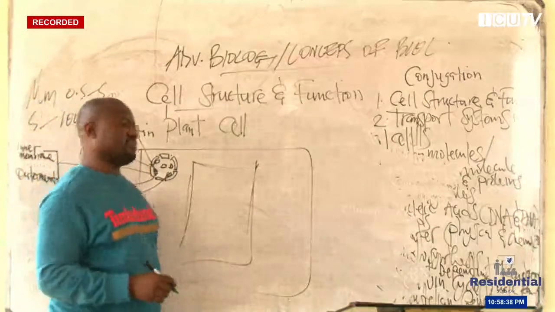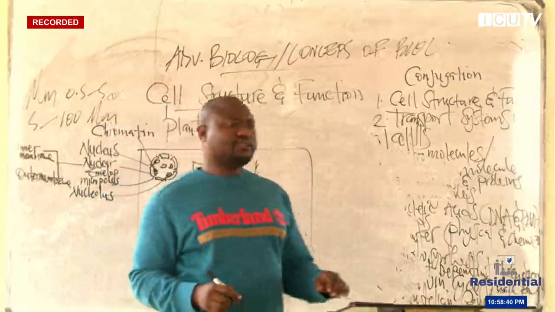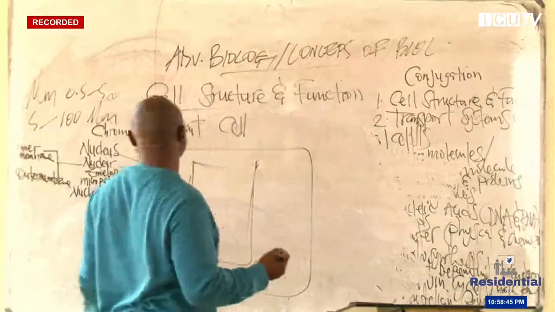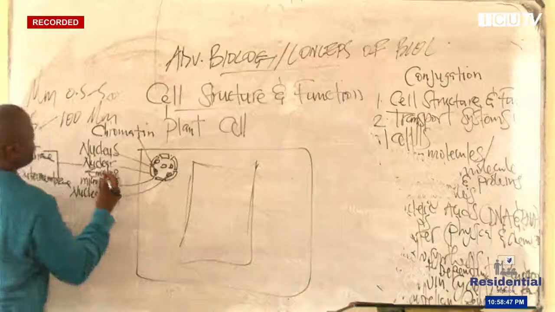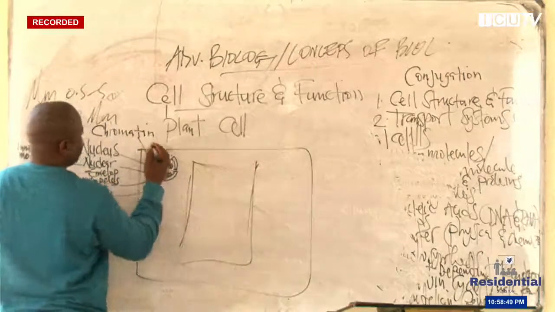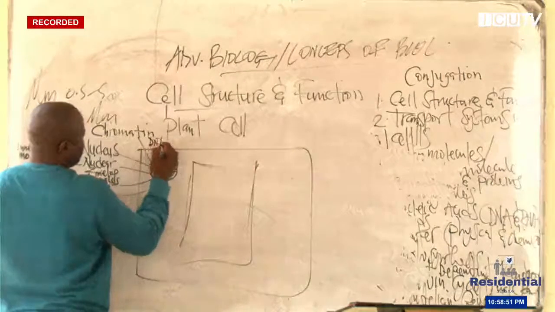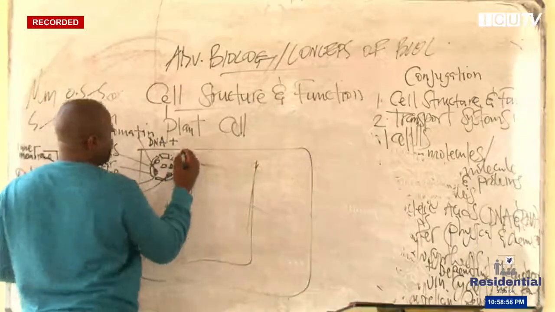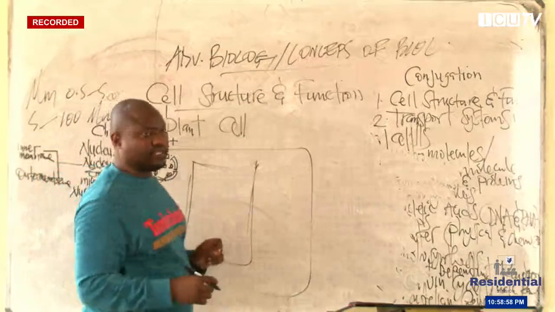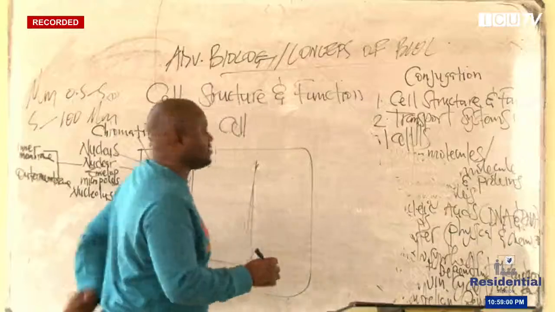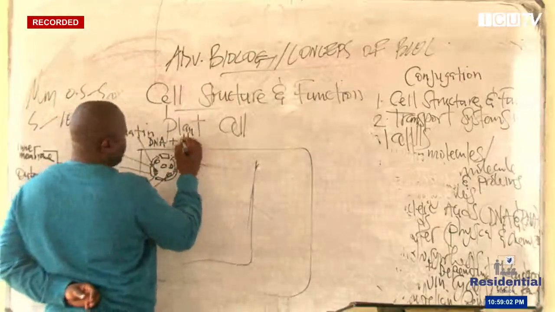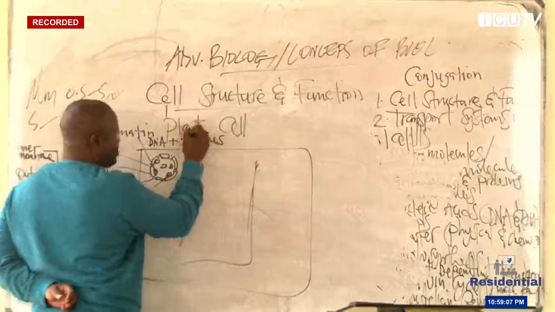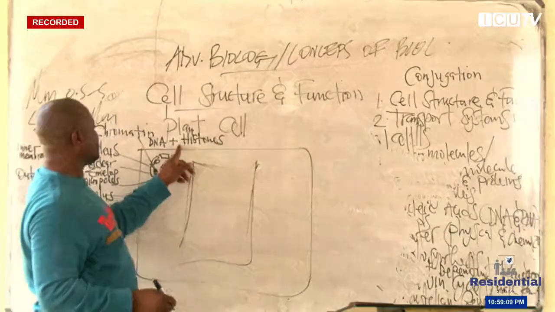What is this chromatin? Chromatin is referred to as chromatin because it has got DNA. So chromatin is actually DNA, deoxyribonucleic acid, plus associated proteins, but these proteins are called the histones. To be specific, the proteins that we are talking about are histones.